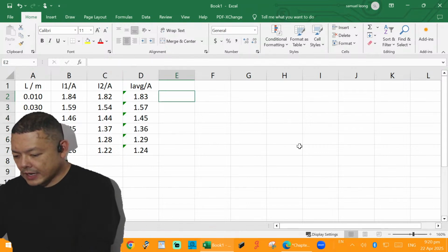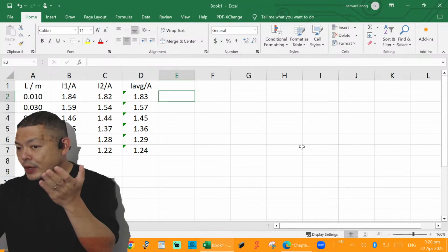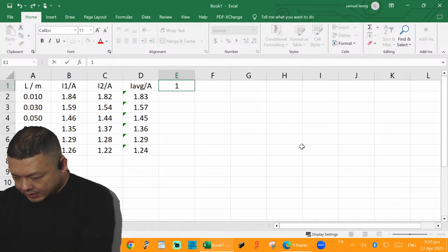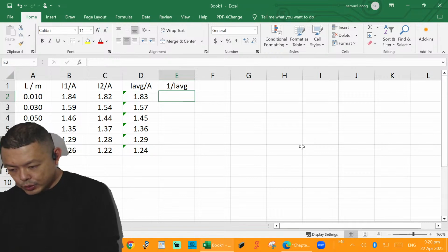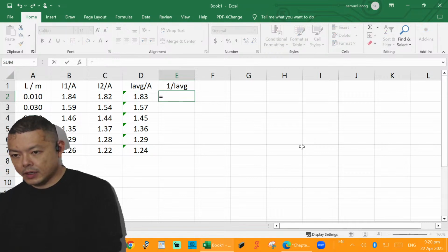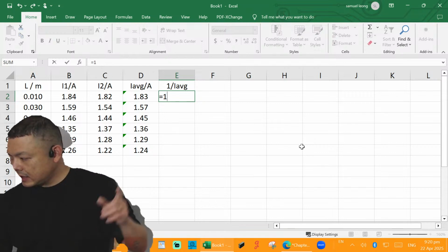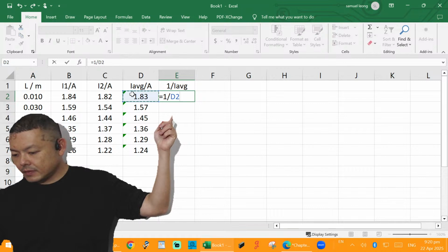So follow SF. Now because the requirement is that we need to do a 1 over I, this is 1 over I average. So this is equals to, we put the number 1 slash, then I click the cell.